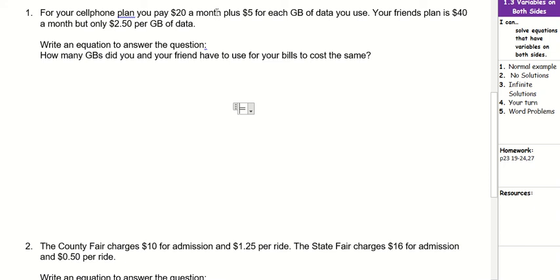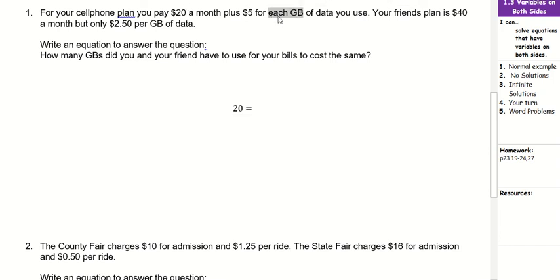So $20 a month or per month, that's an indicator that this one has my variable on it. Plus $5 for each. $20 a month. So we're talking about 1 month. That's just to start the month. Then $5 for each gigabyte.